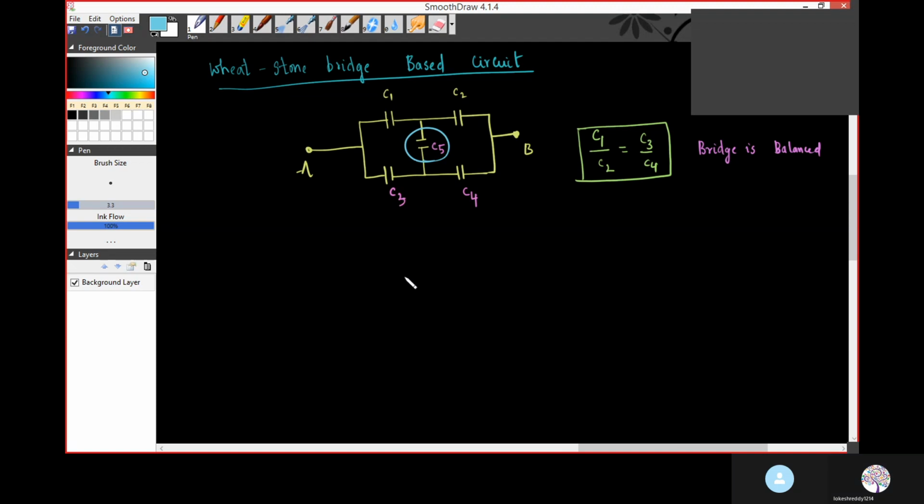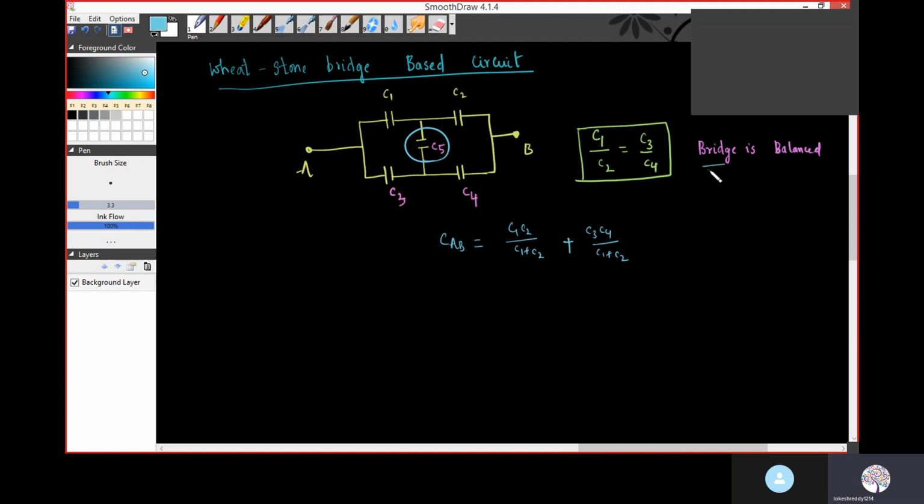So C effective AB will become, for these two, the effective is C1 C2 by C1 plus C2, and the effective of these two is C3 C4 by C3 plus C4, and this and this are in parallel, so I will write plus.